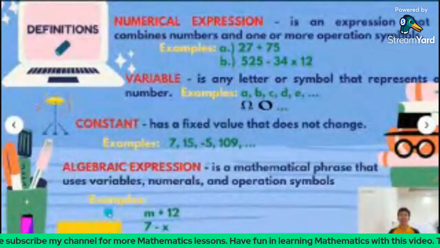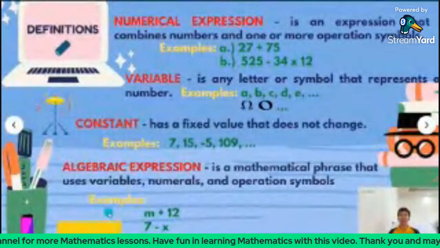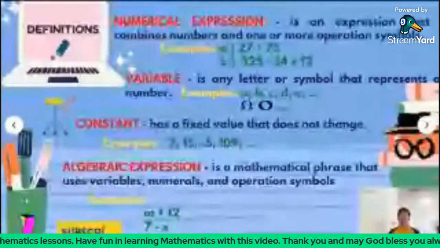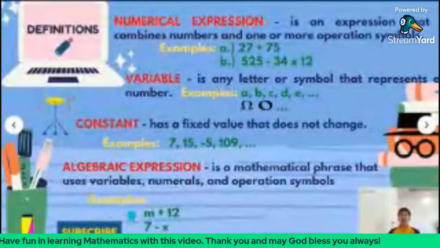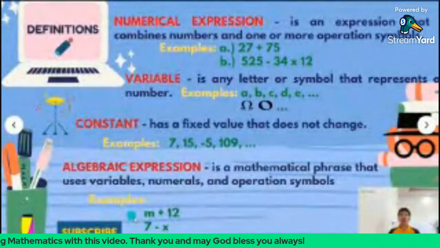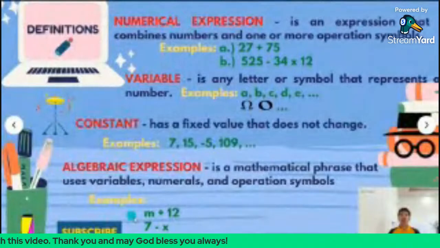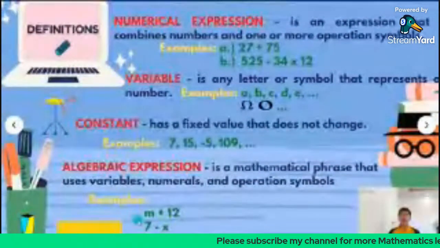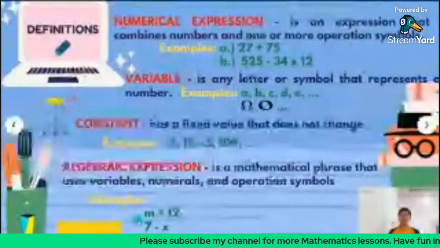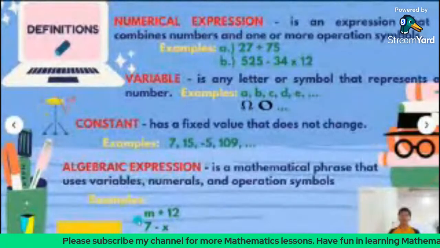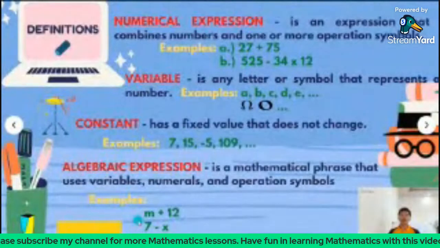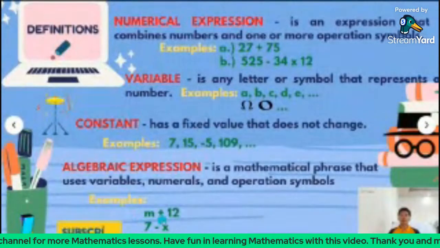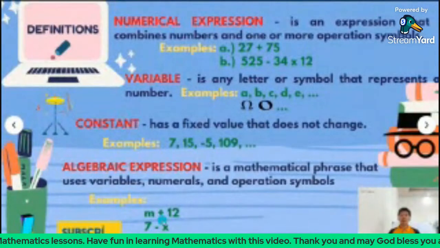Now let's study the tables below. We have here the word phrases and algebraic expressions. An algebraic expression can be expressed in word phrases five times or more. So we have m plus 3 in algebraic expression.